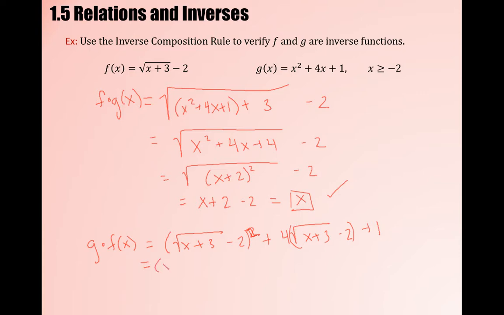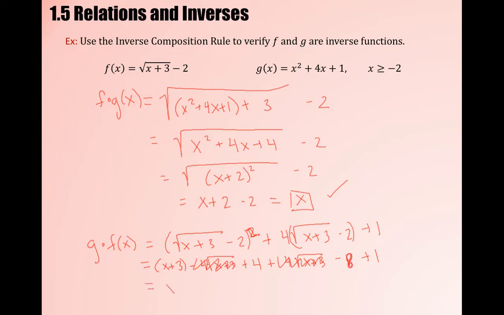First, we're going to end up with x plus 3 minus 4 times the square root of x plus 3 plus 4. And then plus, distribute that. Oh, that's nice. Minus 8 plus 1. Okay, so let's see what happens here. These will go away. That's an 8.